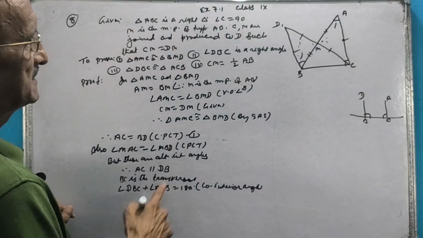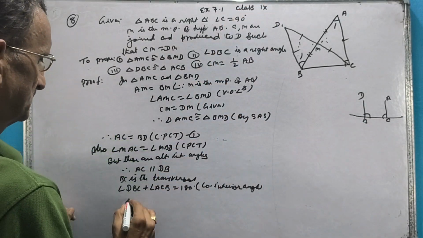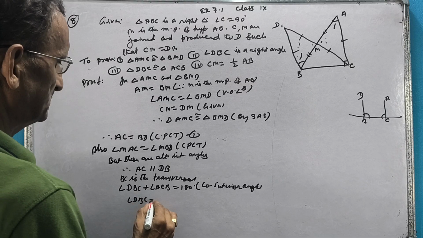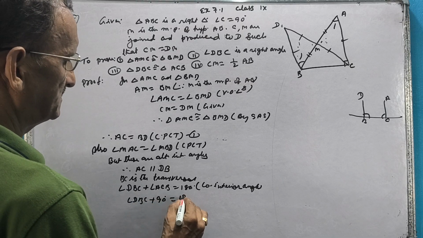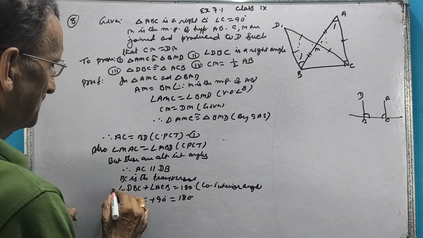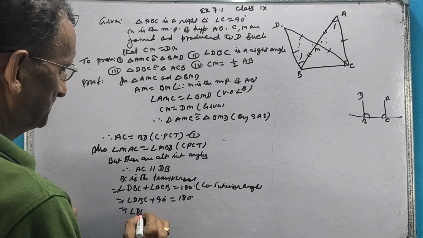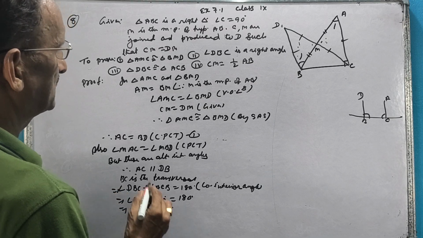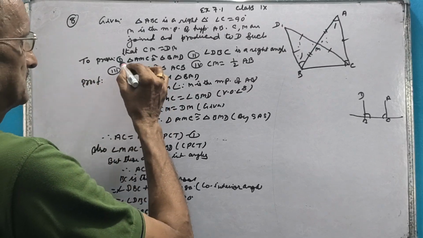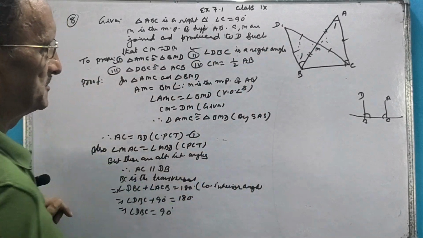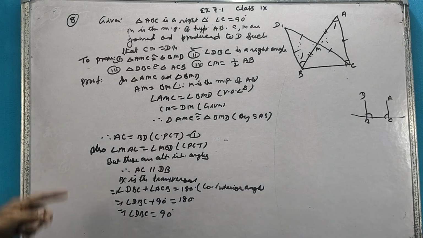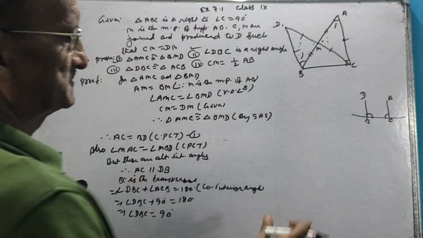But see, we are given angle ACB is 90 degrees, okay. So angle DBC plus 90 degrees is equal to 180 degrees. So what is angle DBC? Angle DBC equal to 90 degrees. We have done number 2, we have proved the right angle, okay. Now for the third, let us write down.